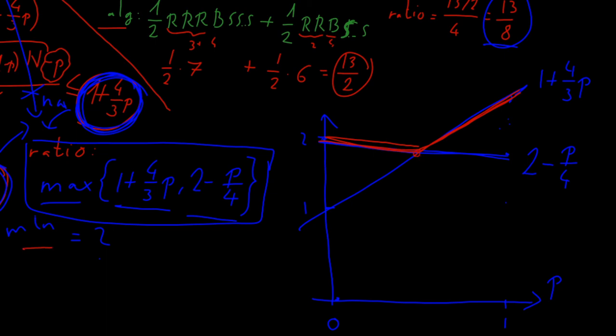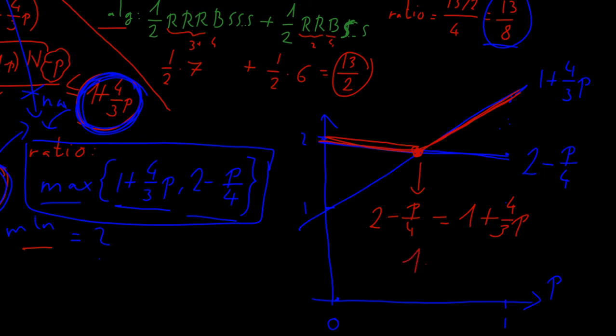The minimum is where 2 minus P over 4 is the same as 1 plus 4/3 P. Of course, I first checked whether these two lines meet within 0 and 1 in order to get a probability.